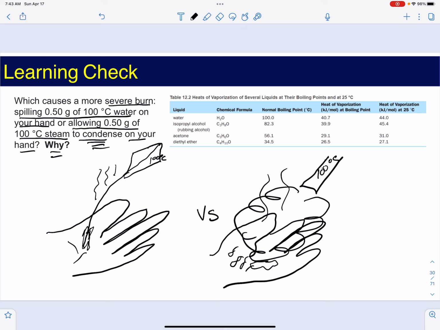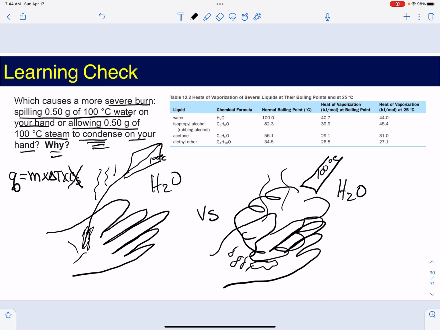If you remember from chapter 3, I believe, we can calculate the amount of heat by knowing how much mass is involved, the change in temperature, and the heat capacity of the water. Since we're talking about water in both of them, then the heat capacity is irrelevant because it's the same for both of them.